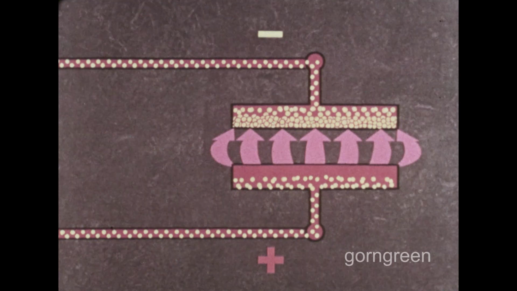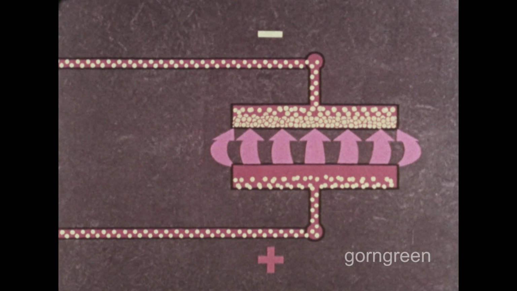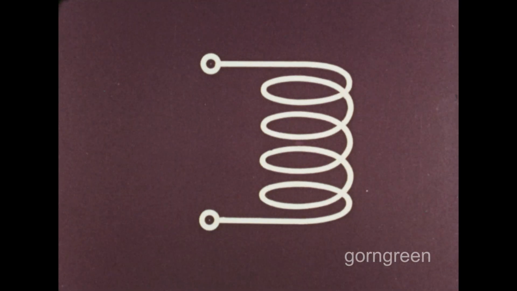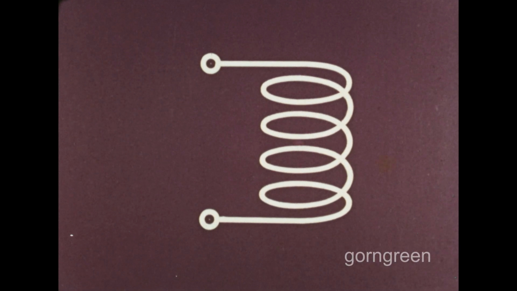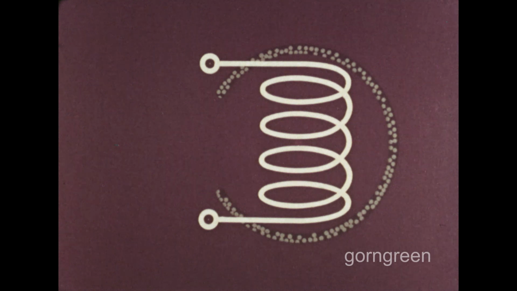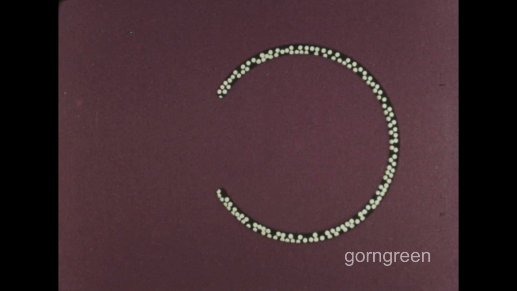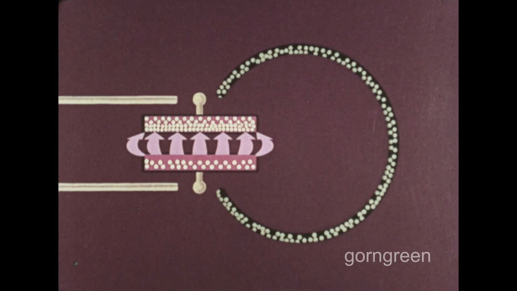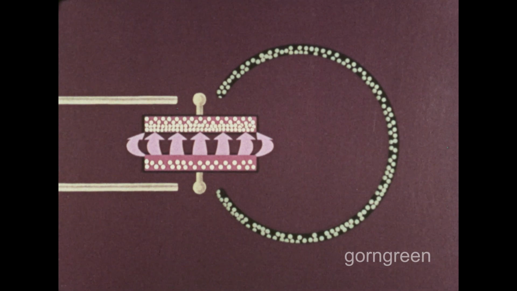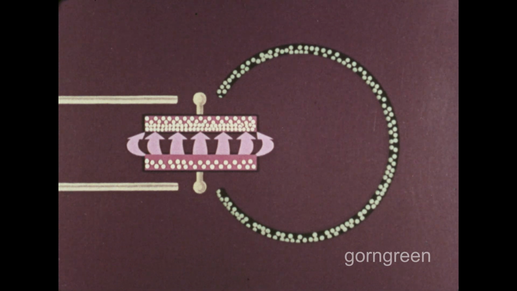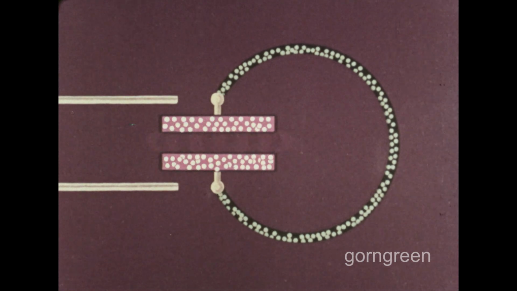Let us see how this displacement of electrons can be used to cause an oscillating movement. First, the addition of a coil is required. Here it is shown diagrammatically. It is also a conductor. The electrons from the charged capacitor will flow back and forth through the coil, and eventually oscillation will cease, so that the uncharged equilibrium state is again reached.